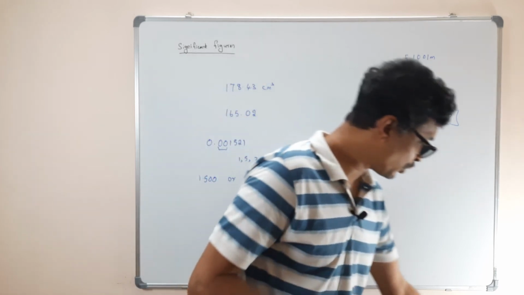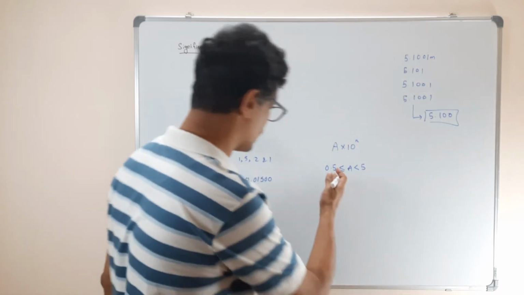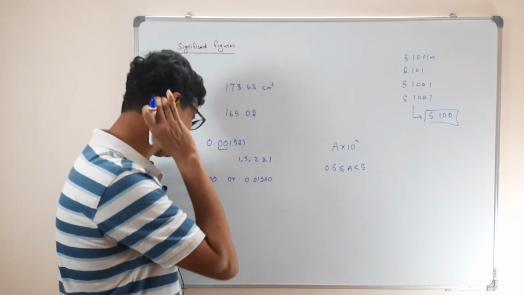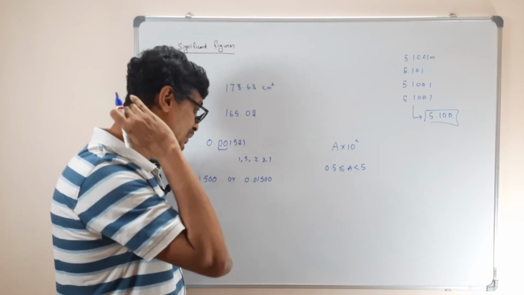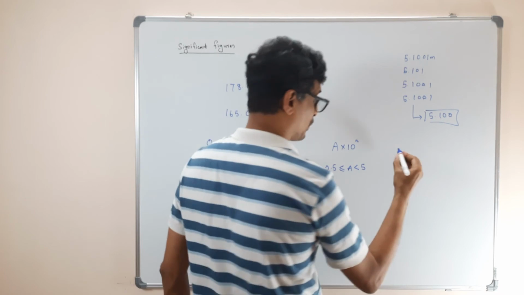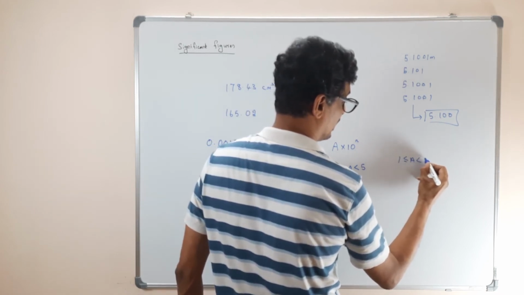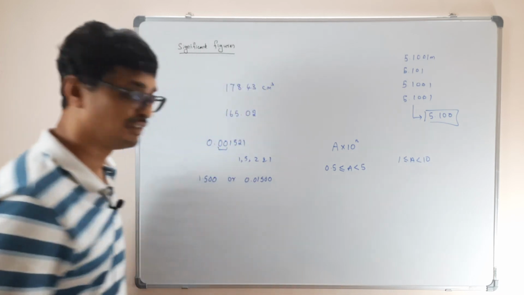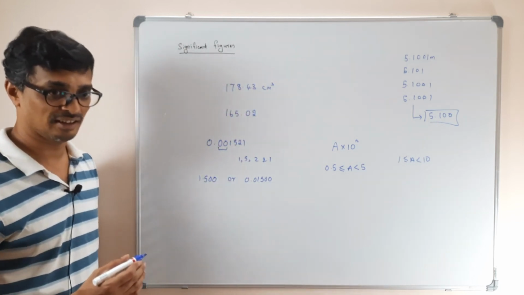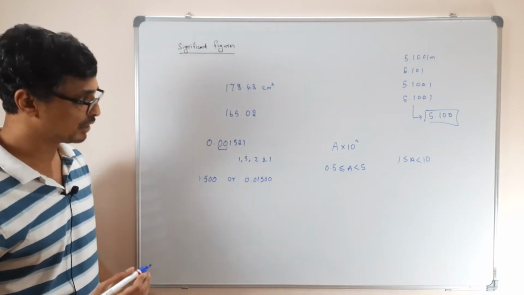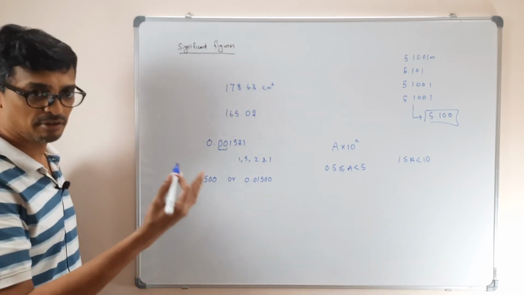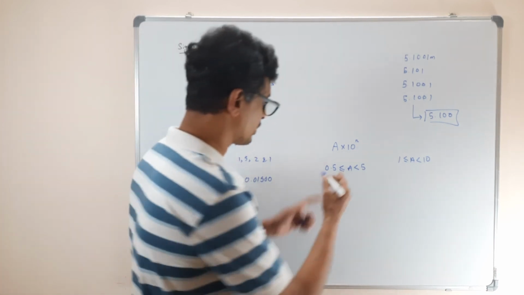But in most cases we don't use it like this. We usually take it from 1 to 9, so 1 less than or equal to a less than 10. This is the way we can write it. I don't know why in the book it is 0.5 to 5. Anyway, it doesn't matter. This is the way you have to write.